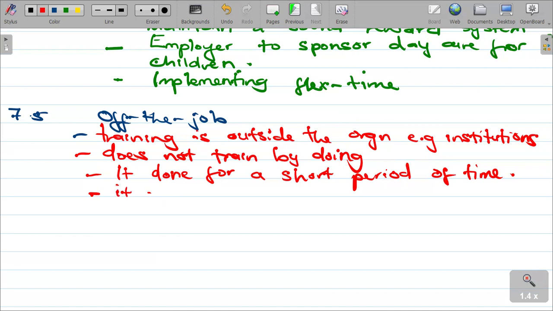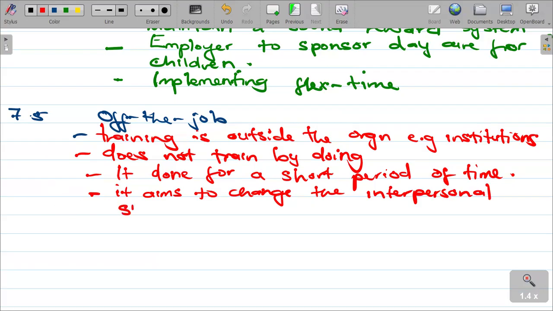It aims to change the interpersonal skills and attitudes of employees.